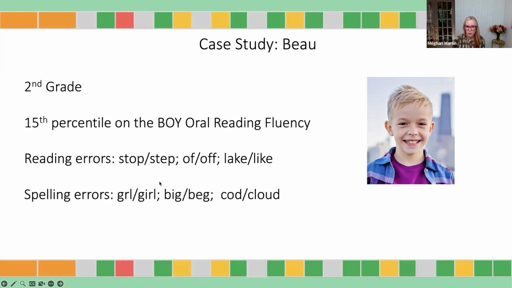So for example, he'll read stop for step, of for off, lake for like. Similar challenges are present in his spelling, resulting in words that often have missing or incorrect vowel sounds or missing sounds in words. And he participates in a reading intervention in his school through the multi-tiered systems of support framework.